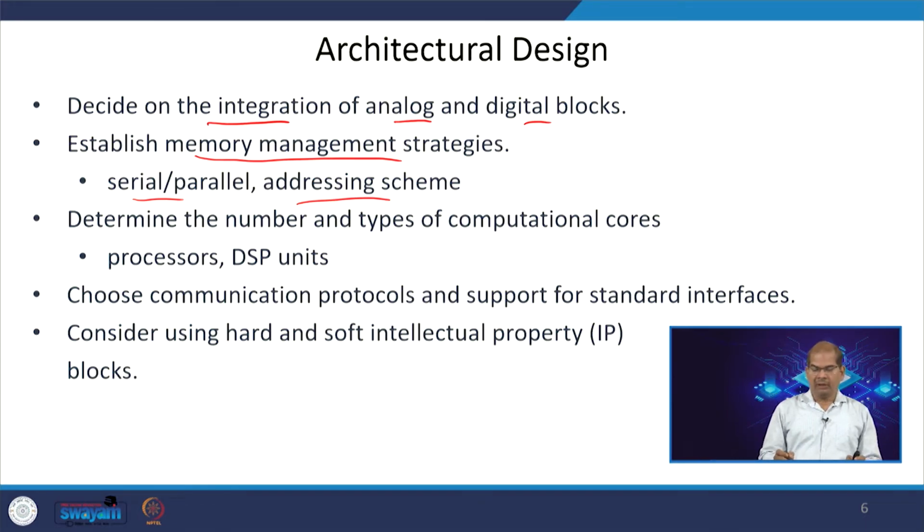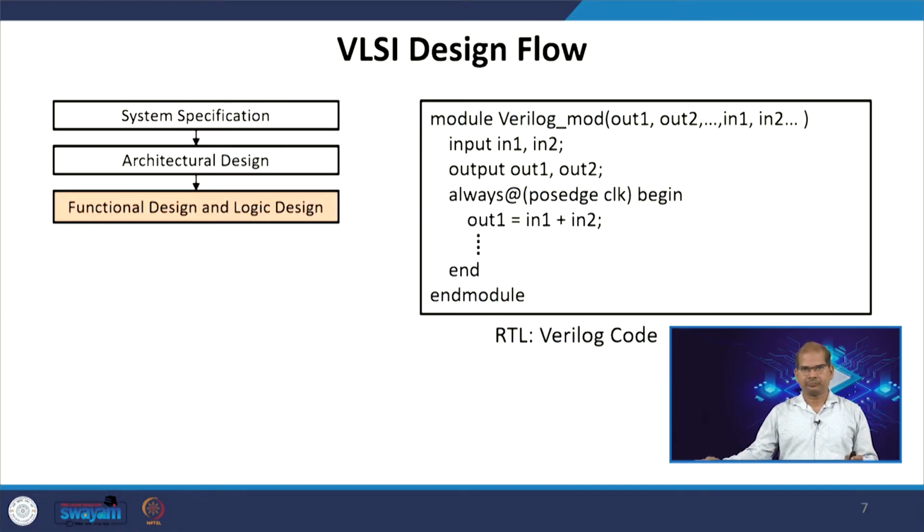Then, multiple cores are integrated in a single chip right now, so you may need an additional DSP core for performing DSP applications. We also need to look into different communication protocols like the AXI bus protocol. All these should be defined in the architectural level design.